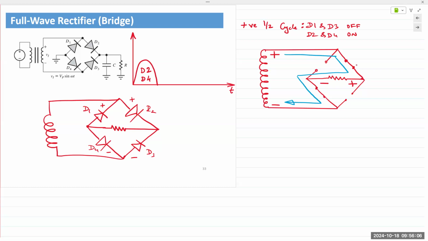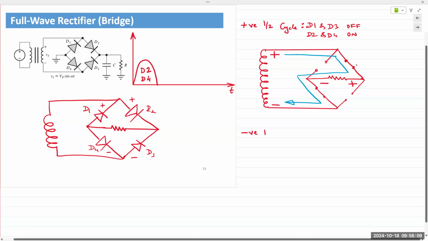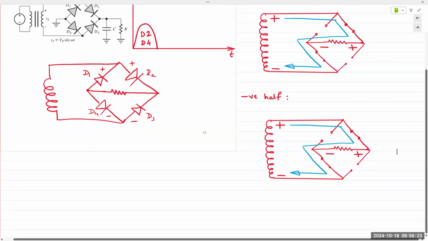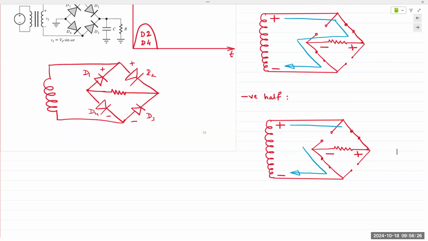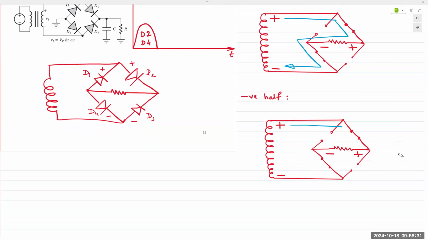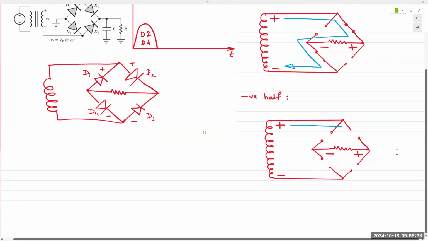Okay. Negative half, the exact opposite happens. We now have D2 and D4 are now off, and D1 and D3 are now on.